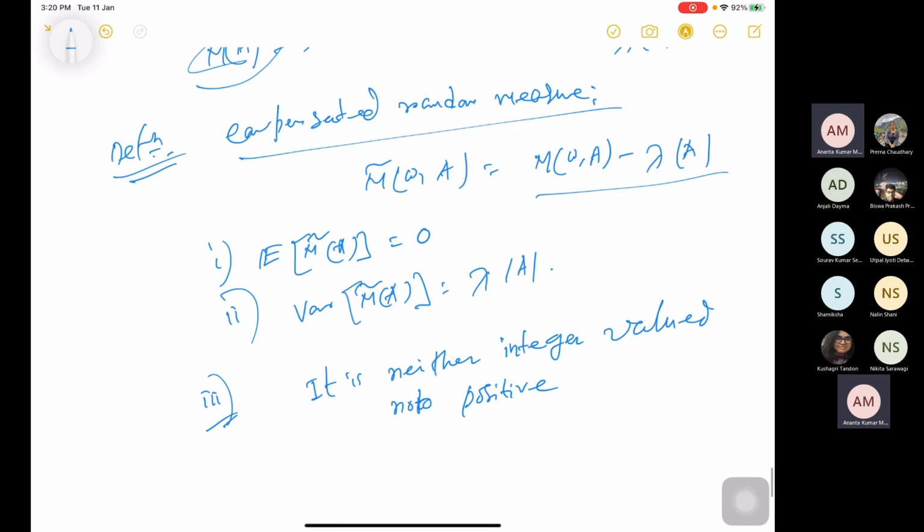So a similar thing holds for the compensated random measure. Sometimes this is called the Radon measure. Oh sorry, Radon measure is different. This is called the signed measure, meaning it may take both positive and negative values. This is the signed measure. Okay.